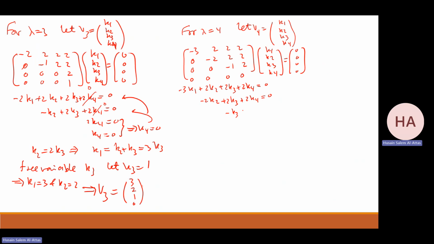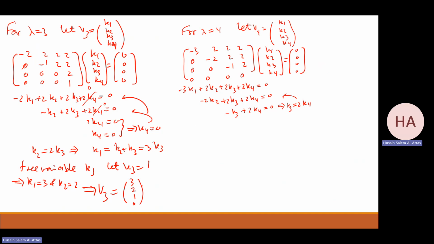Minus k3 plus 2k4 equals 0, and 0 equals 0. So from here, I'm getting that k3 equal to 2k4. Let me plug it here.